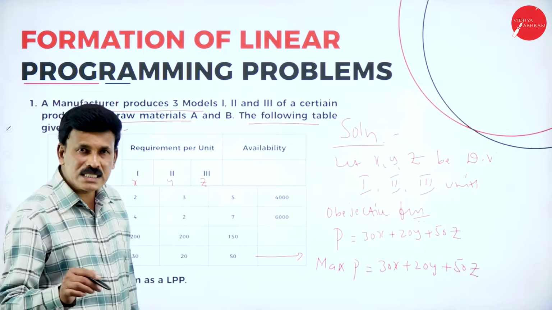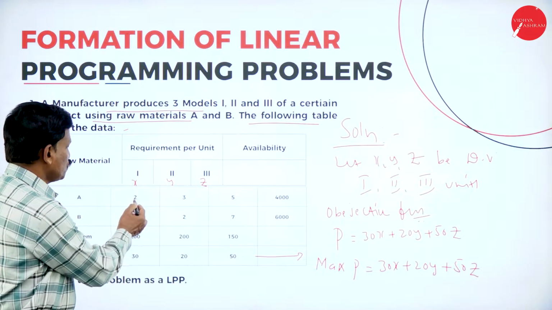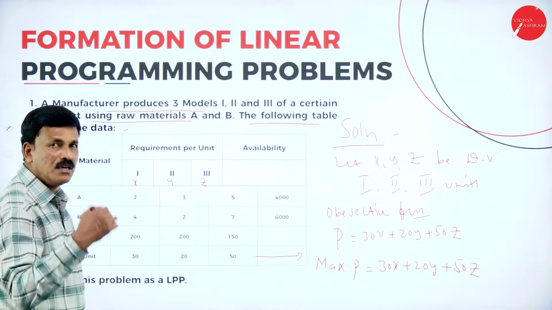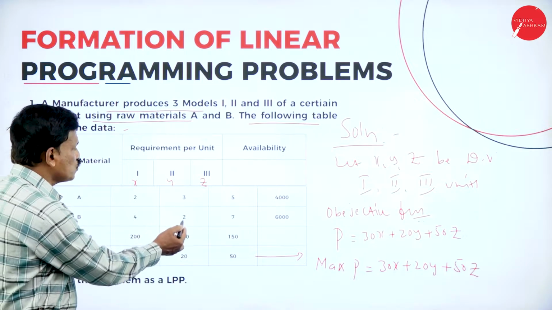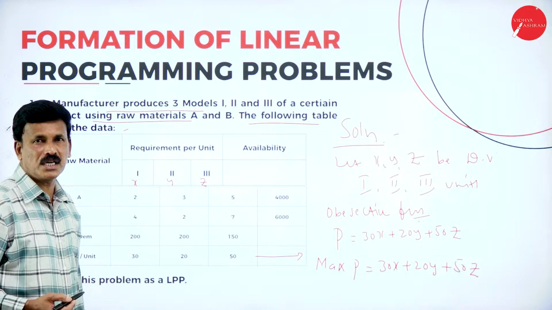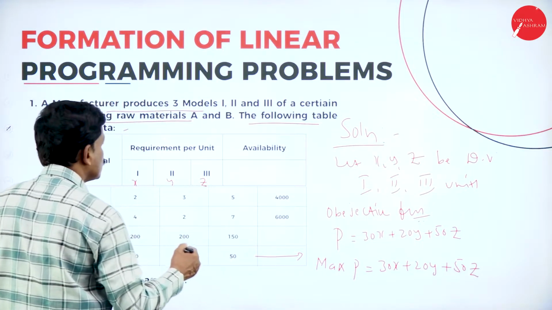For the product B, the constraint is 4x plus 2y plus 7z is less than or equal to 6,000. So I'll put it in the equation form. I'll go to the next page.